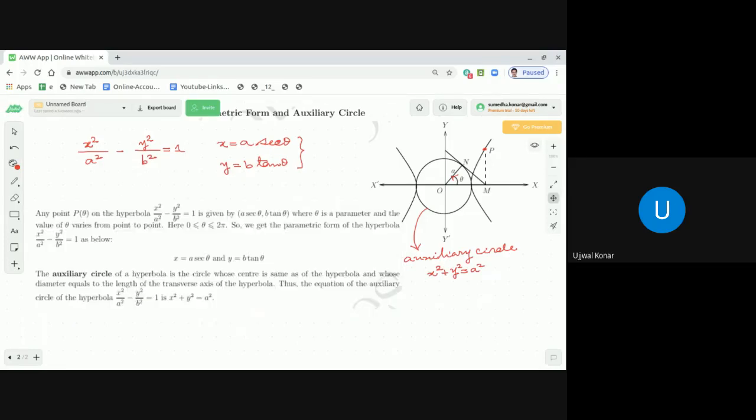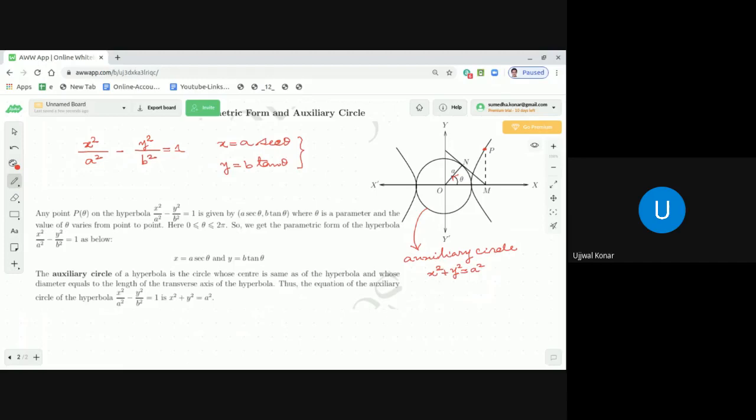Let me read once more. Any point P theta on the hyperbola x square by a square minus y square by b square equal to 1 is given by a sec theta comma b tan theta, where theta is a parameter and the value of theta varies from point to point. Here 0 less than or equal to theta less than or equal to 2 pi.